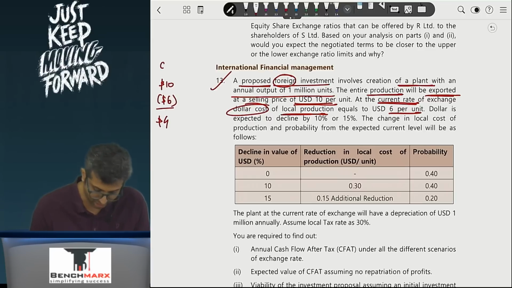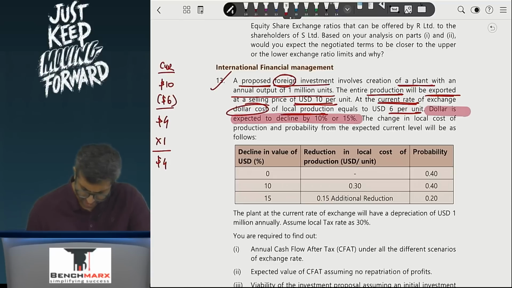This is as per the current setup, 4 per unit, and there are 1 million units, so this will be around 4 million or 40 lakhs. Now the dollar is expected to decline by 10 or 15%.